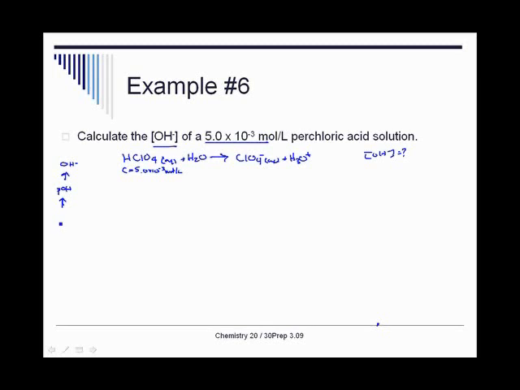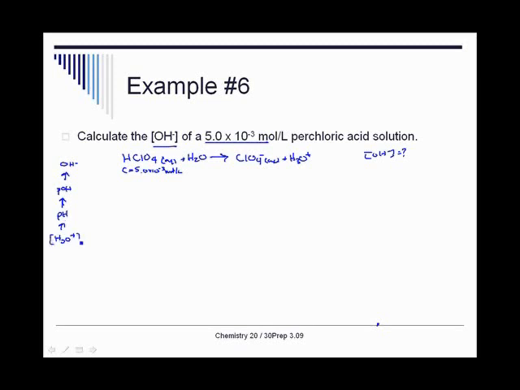Now pOH is related to the concentration of hydroxide. In order to get that though, the relationship we're going to use is its relationship to pH. We know that pOH is 14 minus pH. And the reason we're going to use pH is because we have hydronium ions. Since we have hydronium ions, we can calculate pH.